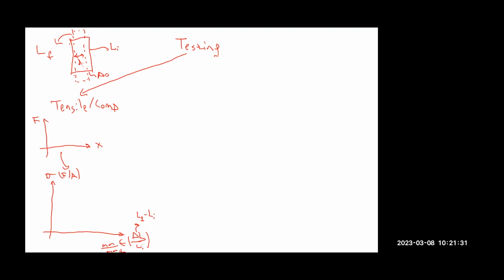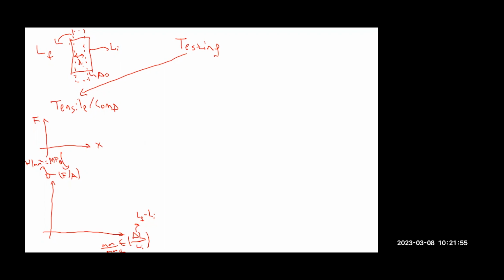And what's the unit of stress? Let's say the unit of force is Newton, and the unit of area millimeter squared. And we have megapascal. Basically, the unit is Pascal.